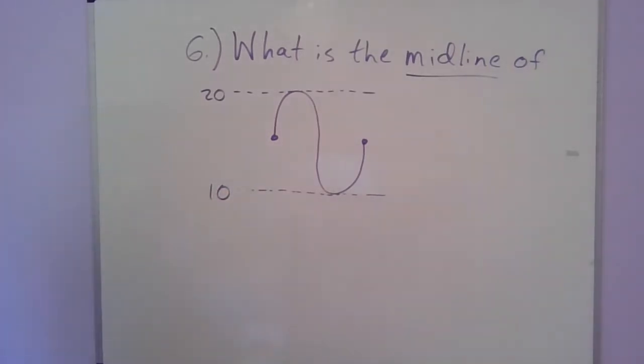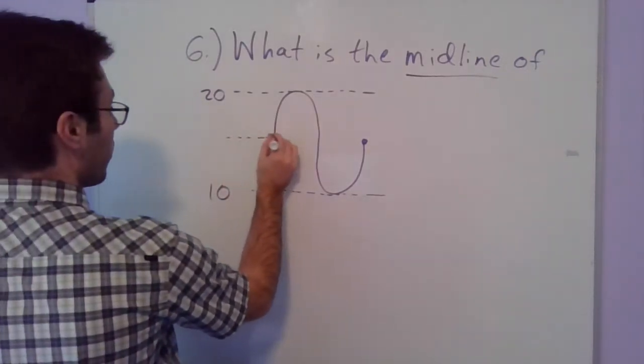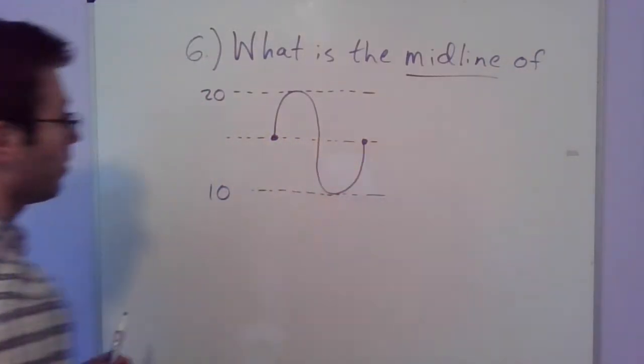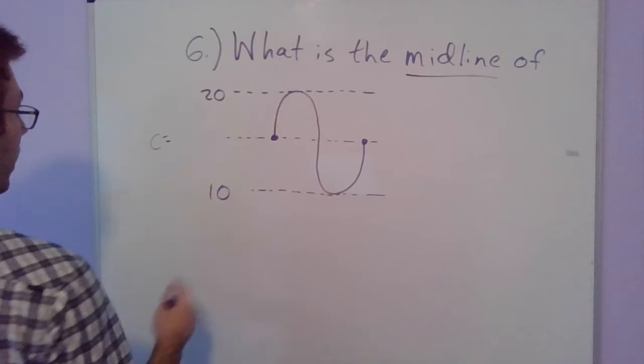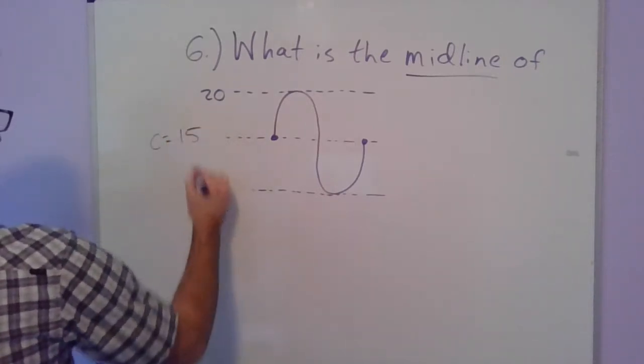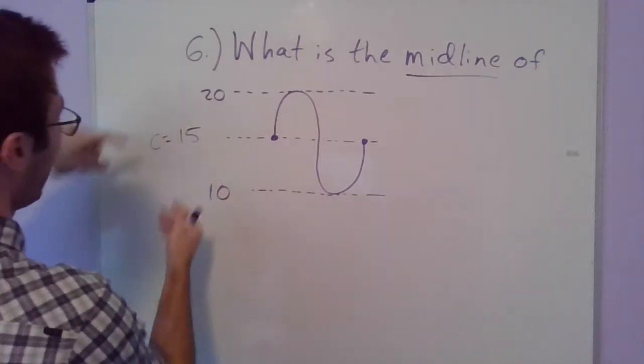So what is the value in the middle? Remember, midline is the line right here. I mean, here it's pretty obvious that it's 15. So you're going 10 plus 5 plus another 5. It's like you cut it in half.